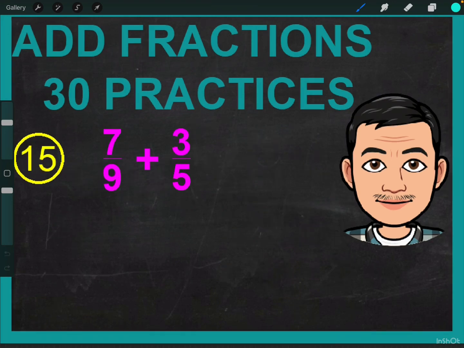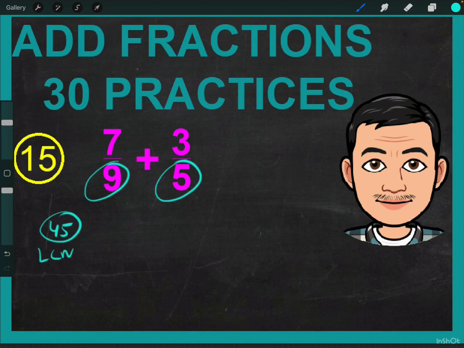Practice number 15. The two fractions have two different denominators, 9 and 5. The LCM for 9 and 5 is 45. So we will convert the first fraction into 7 times 5 over 9 times 5, and the second fraction is 3 times 9 over 5 times 9.